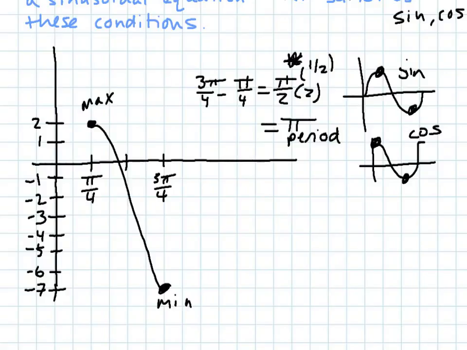So I know what my period is, and depending on which one you want to use, you need to state what the amplitude is, which trig function you're using, your k value, your phase shift, and also what your vertical shift is, either up or down.